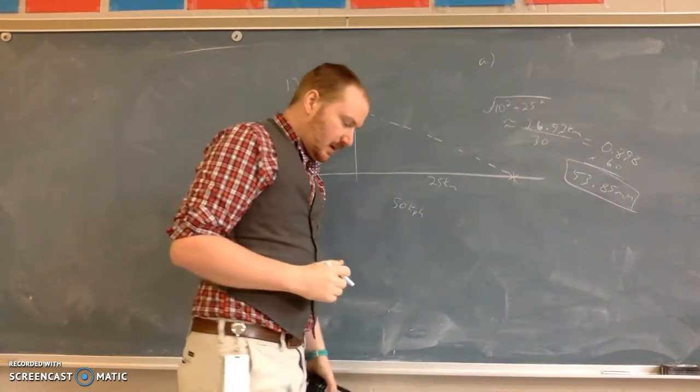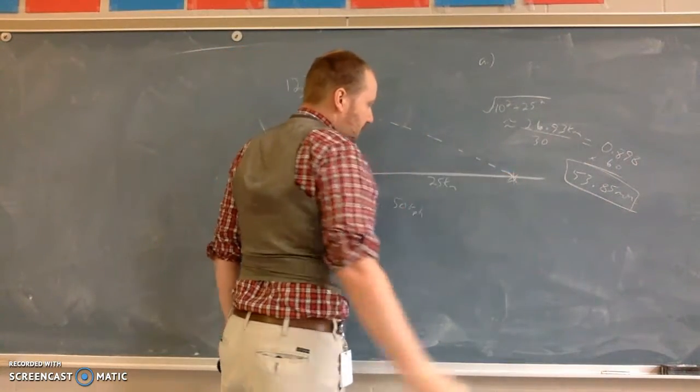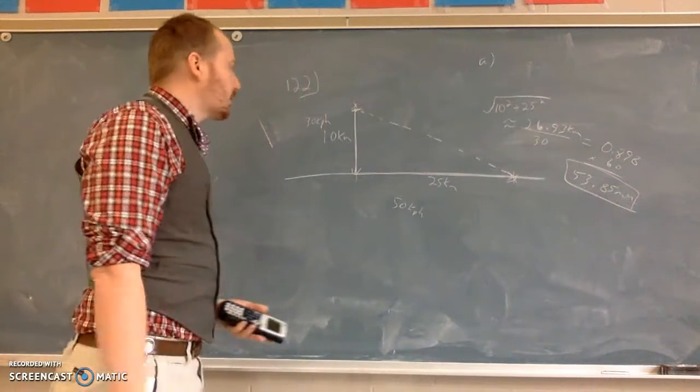Alex could travel from here straight to the road and then along the road. Now we could ask, is that a faster route?